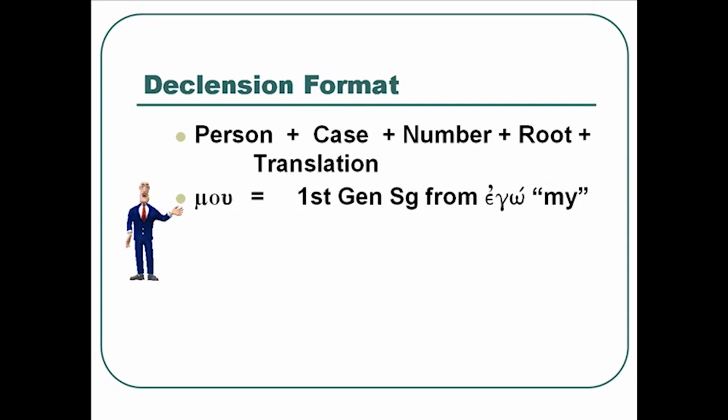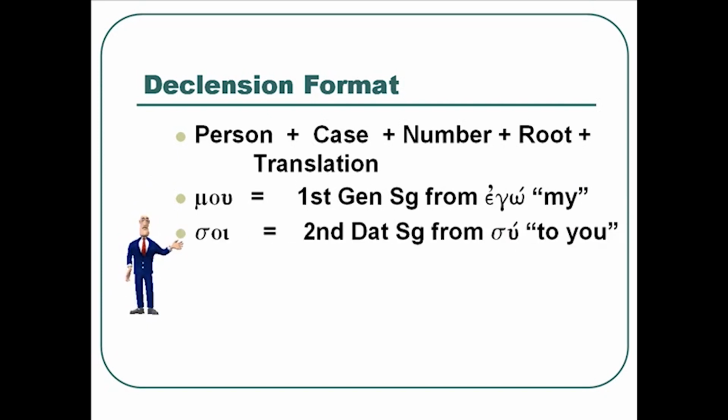It's a first person genitive singular from ego, meaning my. Soi is a second person dative singular from su, meaning to you. So this is just a format that you use for declining these personal pronouns.